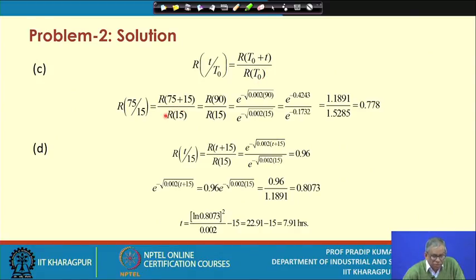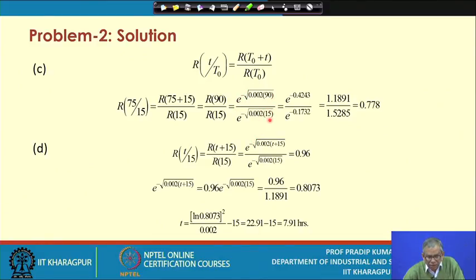So it has already survived 15 hours, it has not failed, and then only it reaches the useful life period. And what you are trying to conclude is 75 hours in the useful life phase. So the total timing is 75 plus 15, that means 90 hours, or 90 days, whatever may be the unit of measurement. And then you apply the formula, assuming a constant failure rate.